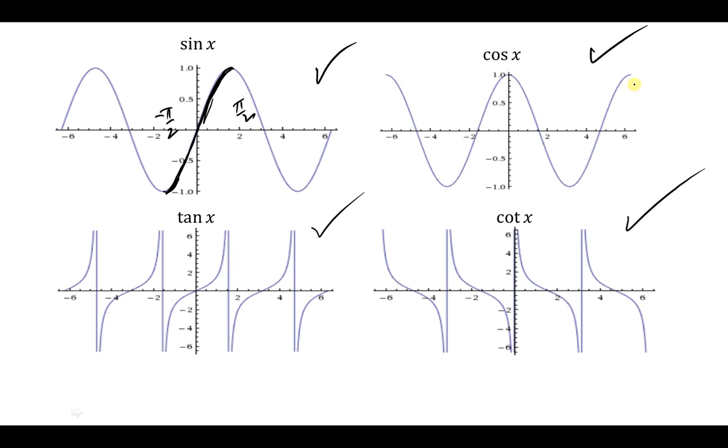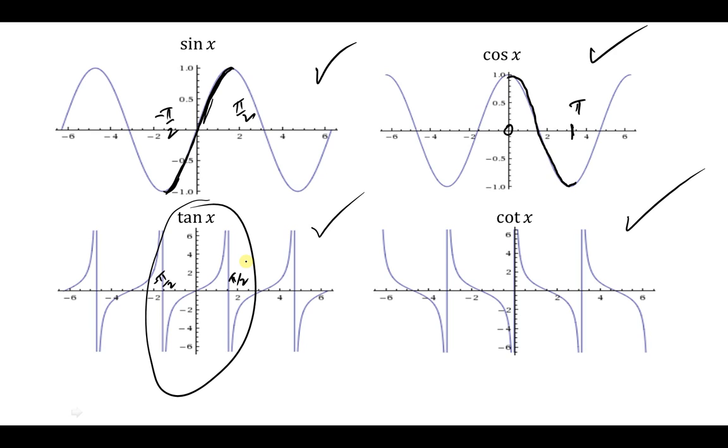Similarly, if we restrict the domain of the cosine function to go between 0 and pi, it will have an inverse. For the tangent function, if we restrict the domain to be between minus pi over 2 and plus pi over 2, it will also have an inverse.